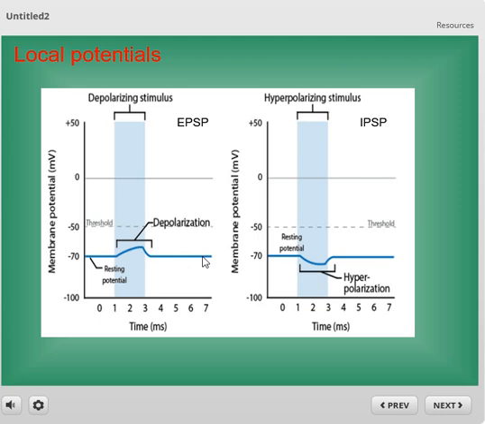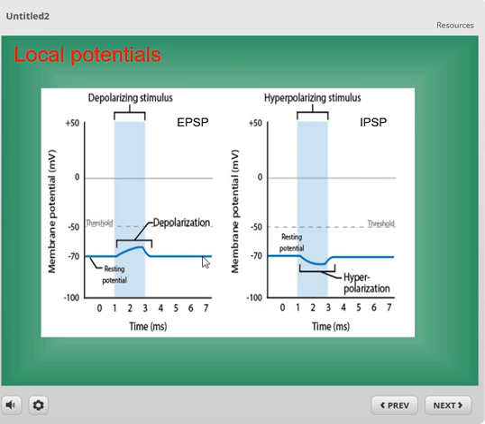EPSP is generated when a presynaptic neuron transmits an excitatory stimulus to the postsynaptic neuron. It causes a temporary increase in the postsynaptic membrane potential and increases the likelihood of its excitation.